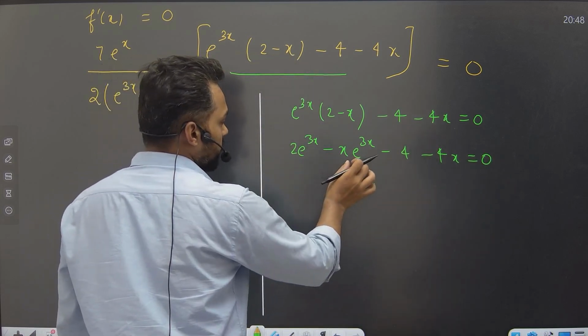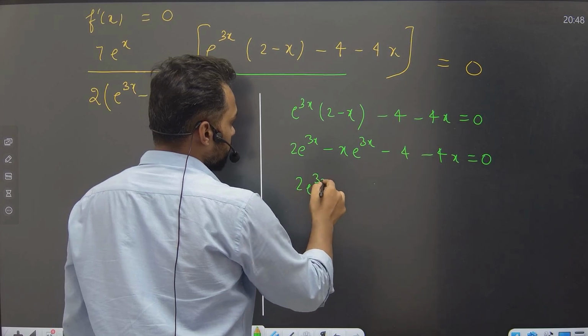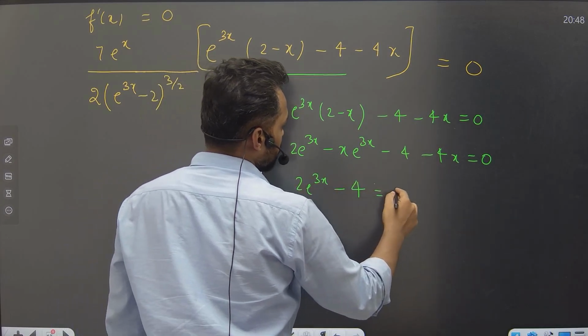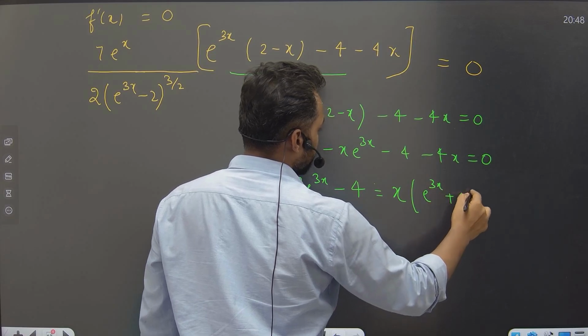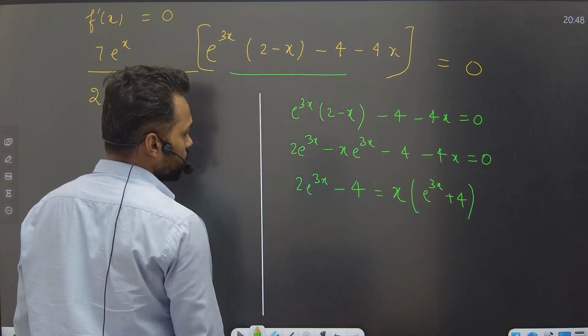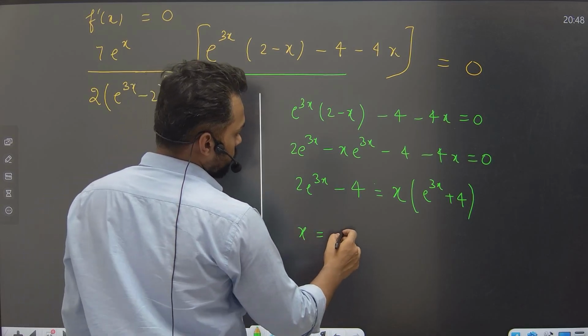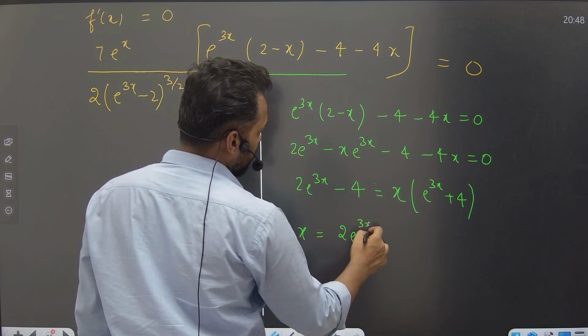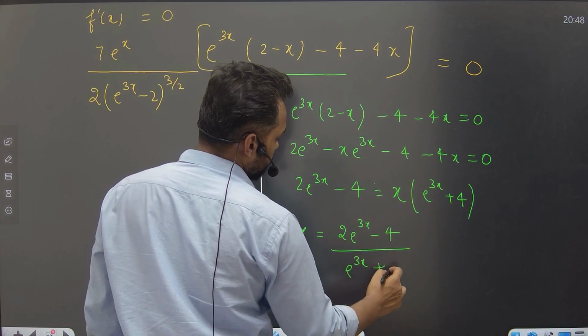If we transpose the x component to the right hand side, we'll get 2 e raised to the power 3x negative of 4 equals to x times of e raised to the power 3x plus of 4. So from here we'll get x equals to 2 e raised to the power 3x negative of 4 upon e raised to the power 3x plus of 4.